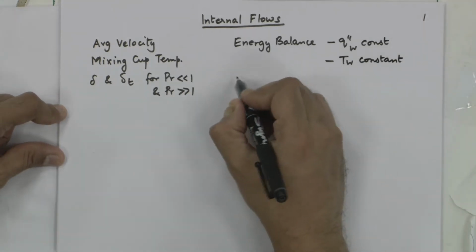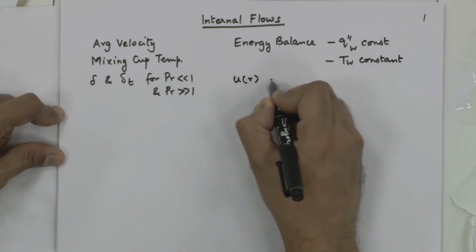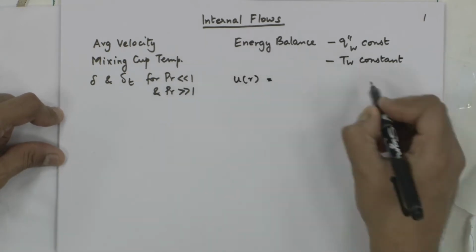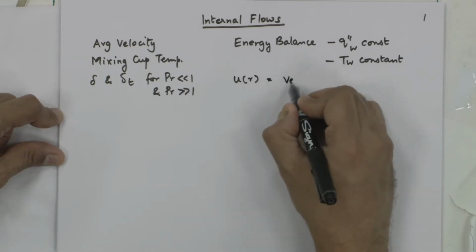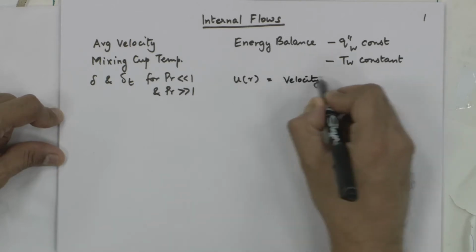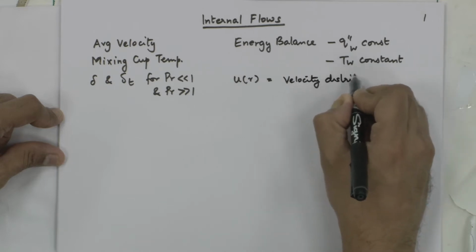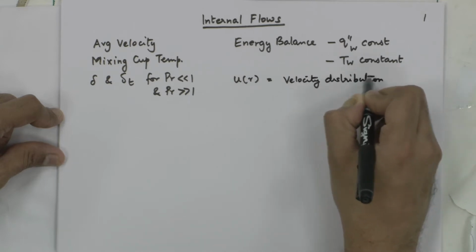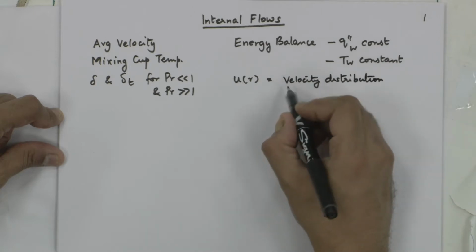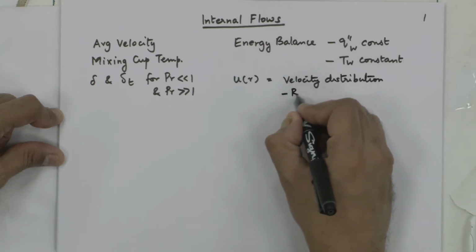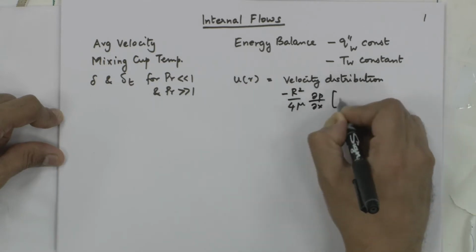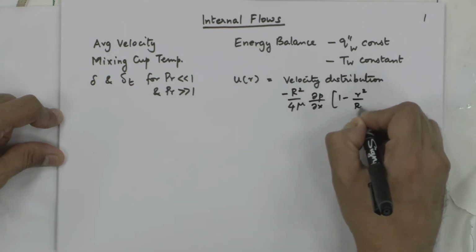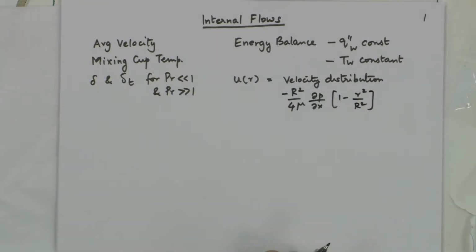Then we will derive from first principles the velocity distribution u of r for flow through a circular pipe. It would come out to be in the form of capital R squared by 4 mu dp by dx times 1 minus r squared by capital R squared, something like this we will derive.